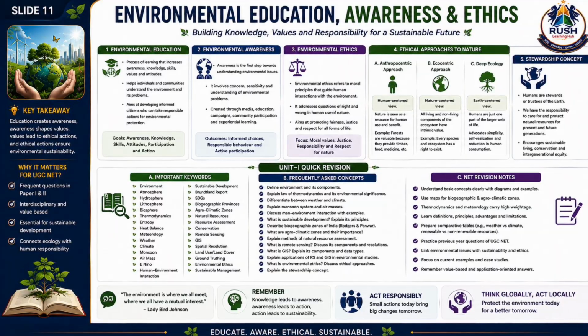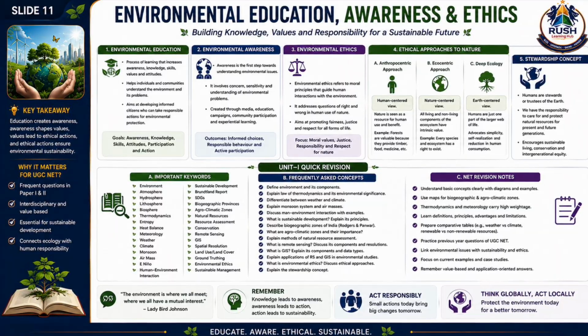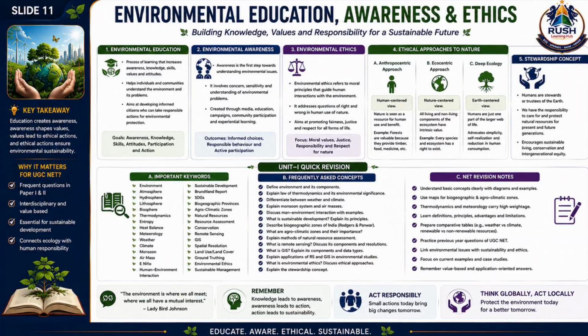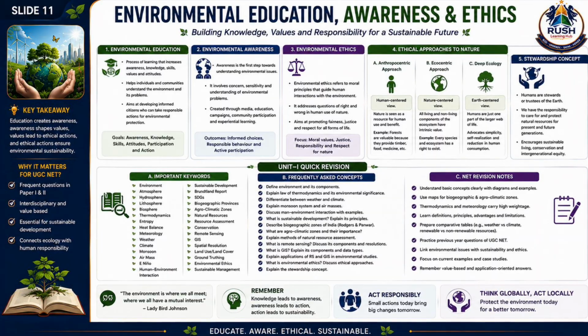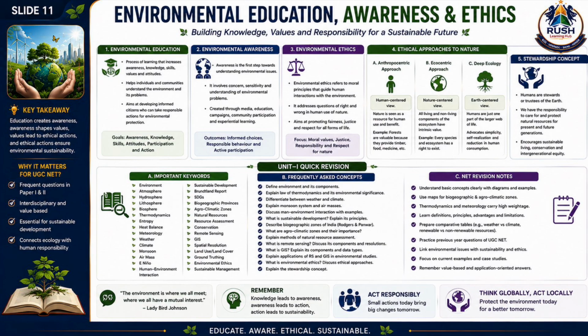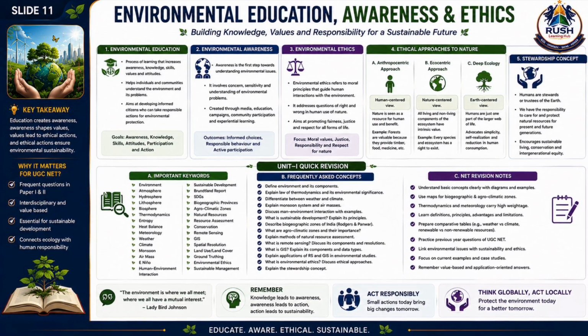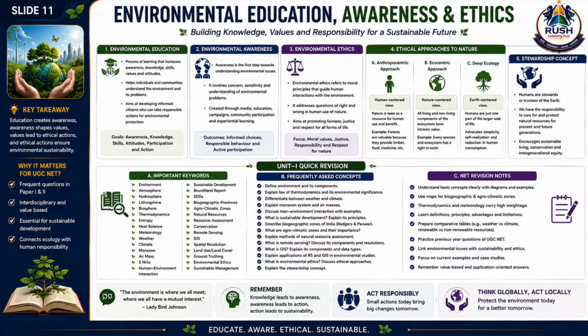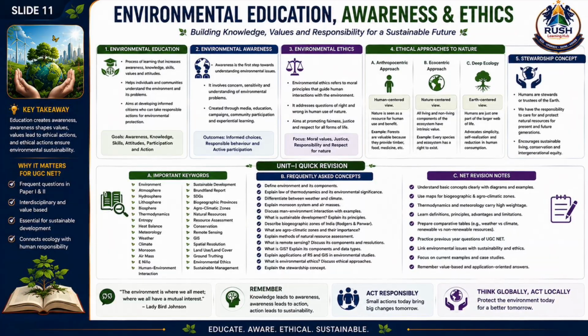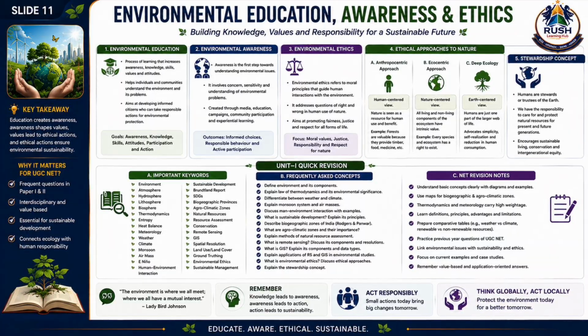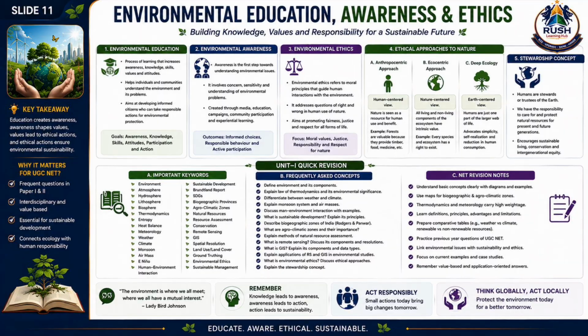The second approach is biocentrism. Biocentrism argues that all living organisms possess intrinsic value and deserve moral consideration. According to this perspective, humans are only one component of the biological community and do not possess absolute superiority over other forms of life.